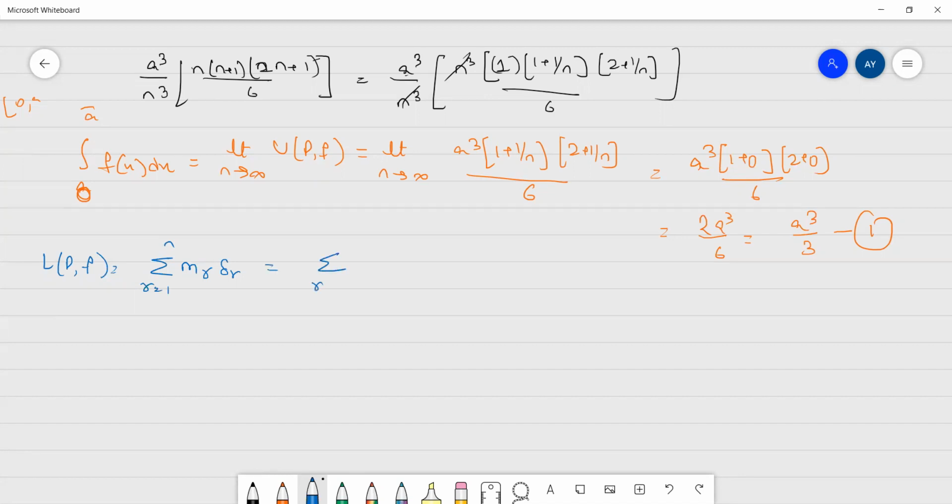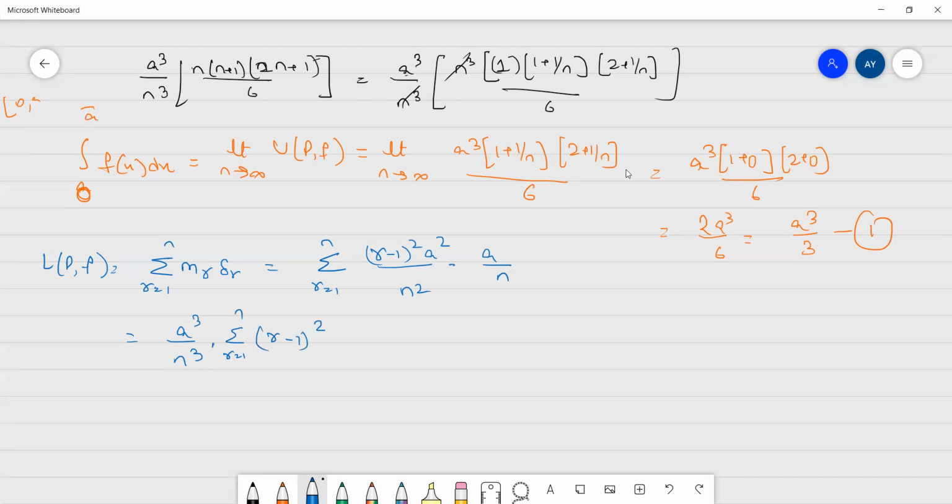So summation r equals 1 to n of r minus 1 whole square into a square by n square into a by n, where delta r is the difference. So take all a's and n's out. What you'll have is a cube by n cube into summation r equals 1 to n of r minus 1 whole square.